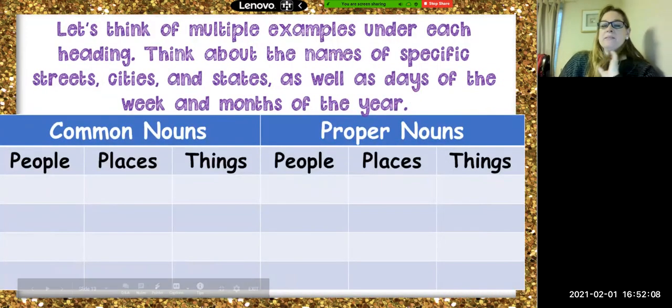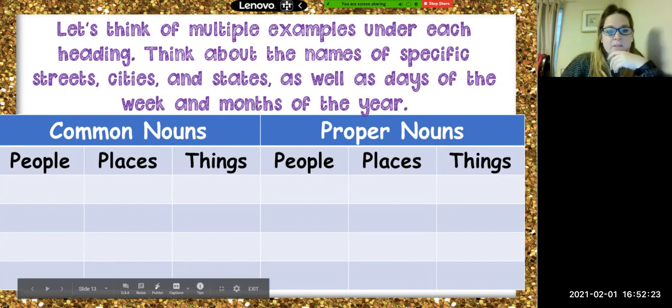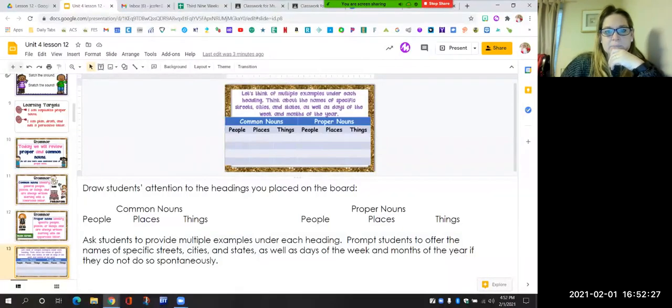So let's think about some examples, multiple examples under each heading. Think about the names of specific streets and cities and states, as well as days of the week and months of the year.